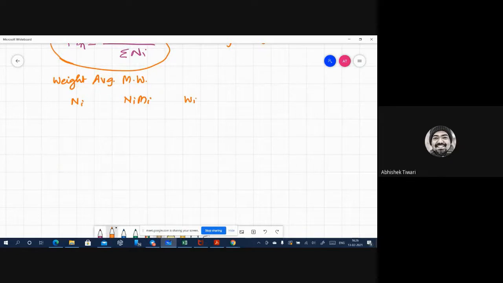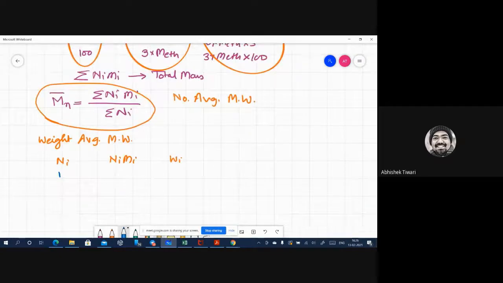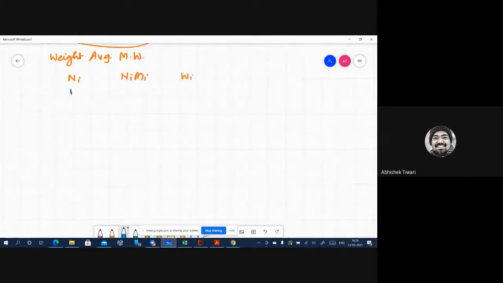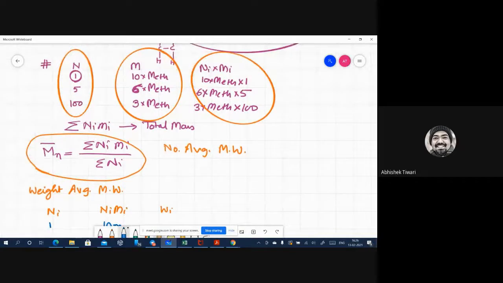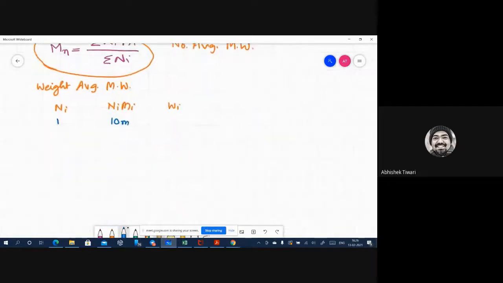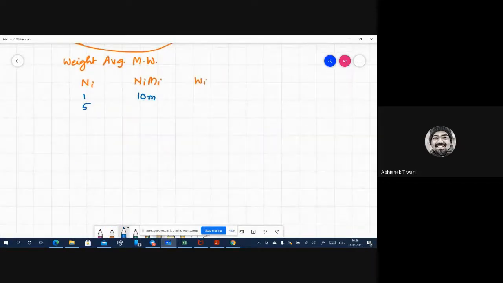So I have one chain with a mass of how much was it? This was 10. So I will just write small m for M. Then I have 5 and 100 and 6 and 3. There are 5 chains, 100 chains, 6m and 3m.